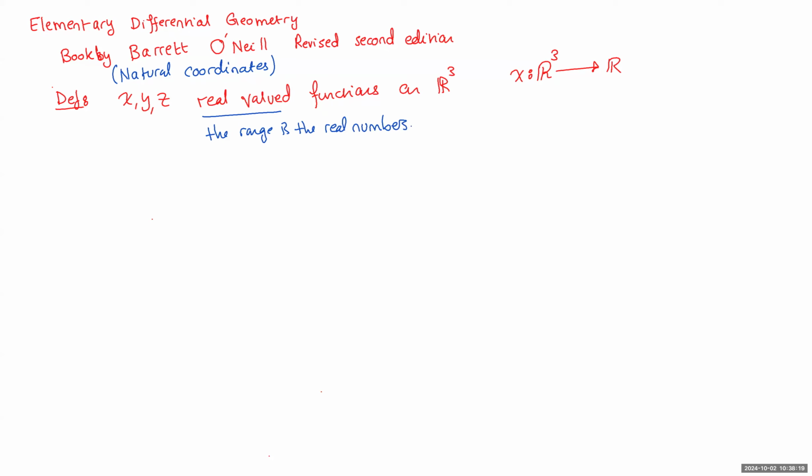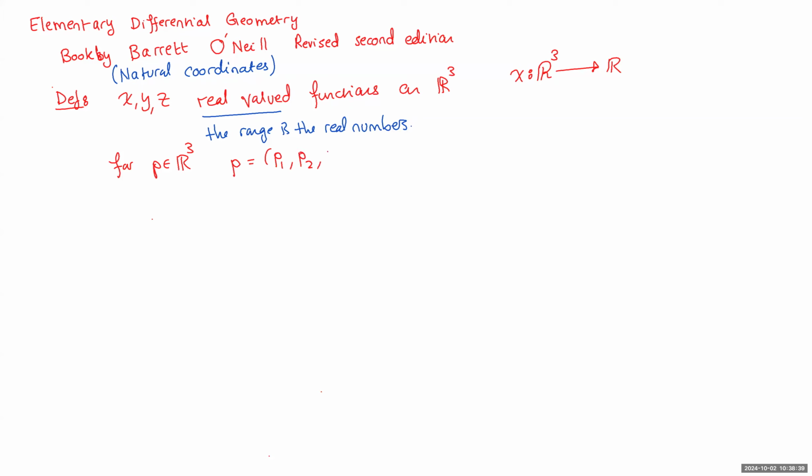And what are these natural coordinates? How do they act? For P in R3, this P can be written in the usual way.